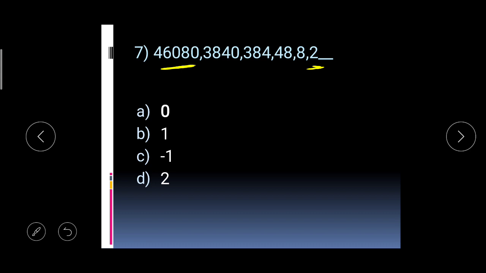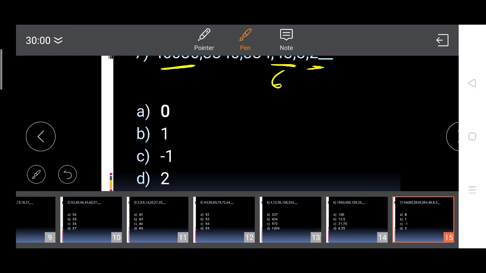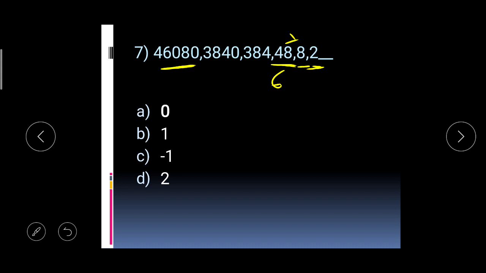Okay, again here it's a little bit complicated, but if I start with a smaller number, suppose I start here, 48 divided by 6, I am getting the next term, right. Again if I divide 8 by 4, I am getting the next term, right. Again if I am a little bit good at visualizing, I can understand that 384 divided by 8 is giving 48, right.